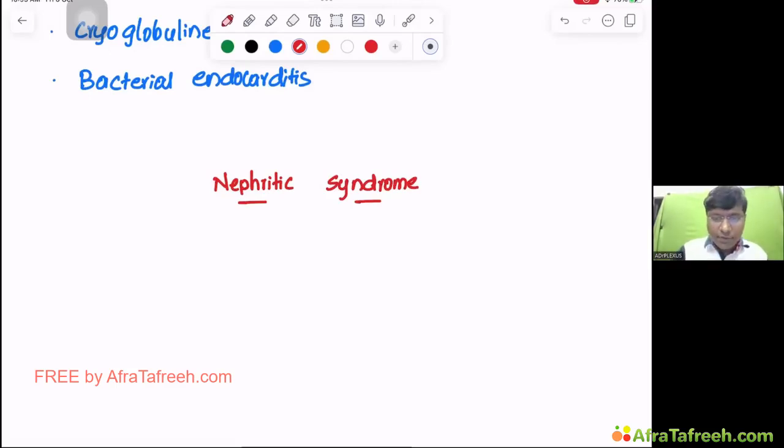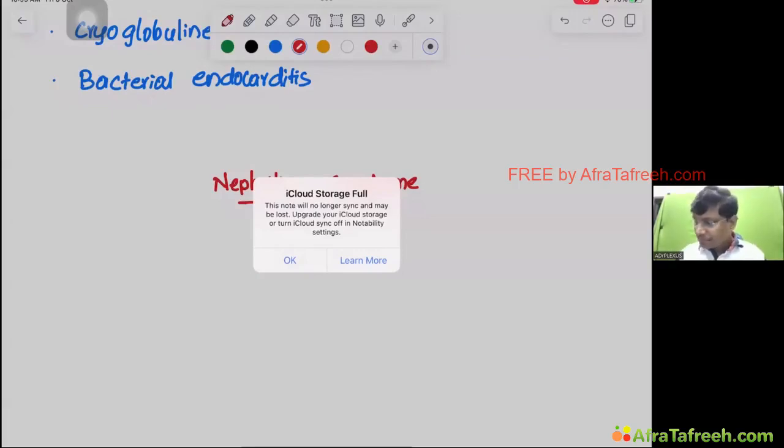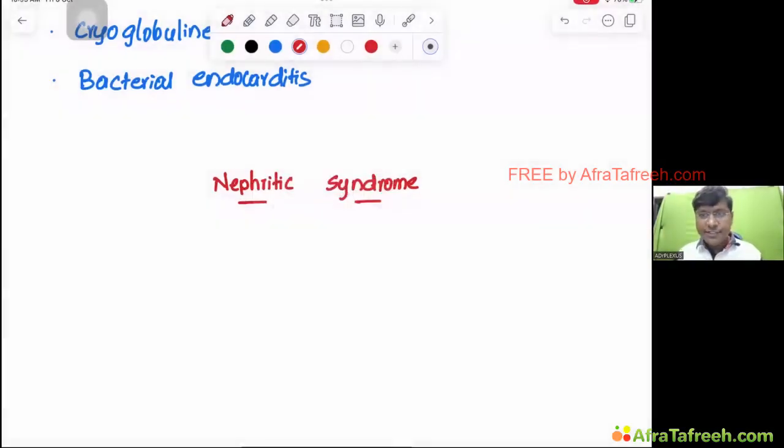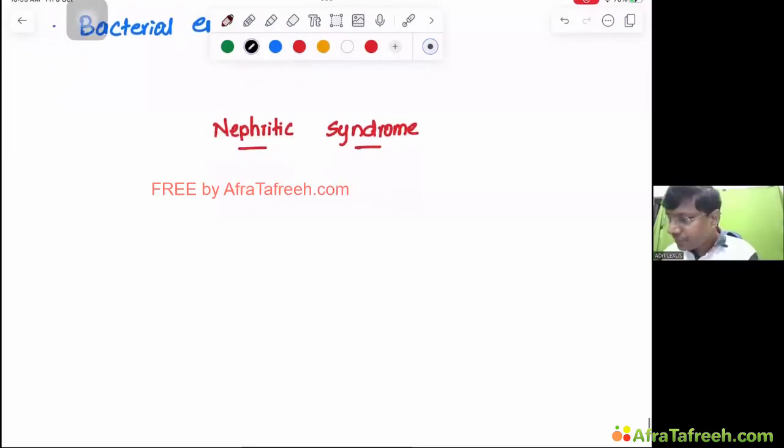In this proliferative glomerulonephritis, number one, we have nephritic syndrome. The other one is rapidly progressive glomerulonephritis.